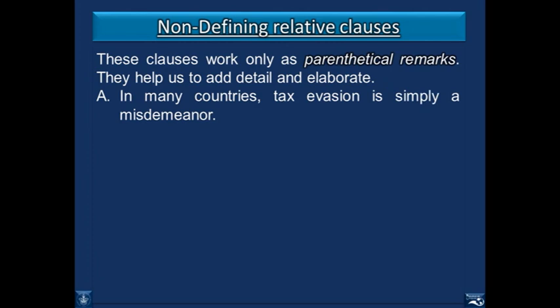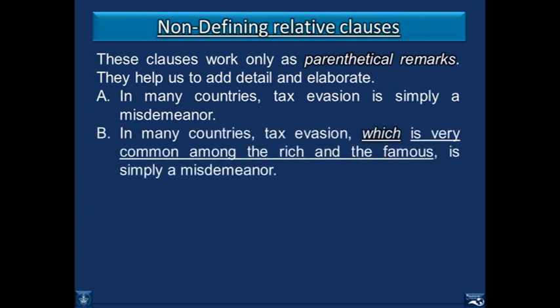This is a complete sentence. Now we can add more detail about this idea by saying in many countries, tax evasion, which is very common among the rich and the famous, is simply a misdemeanor. In this case, we can see that our relative clause is just adding some more information, but if we eliminate it, we still have a complete sentence.